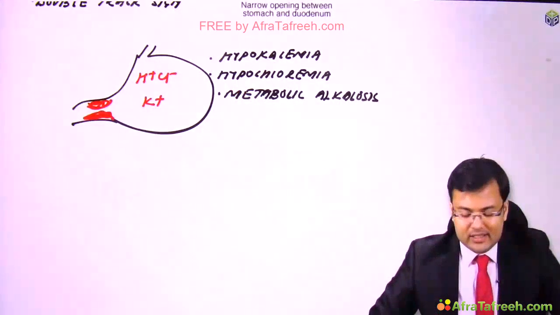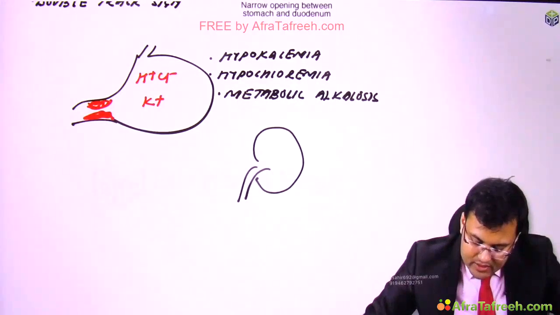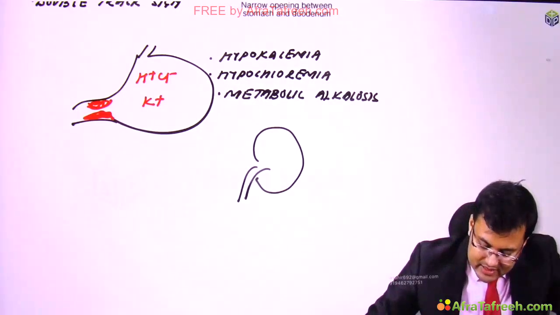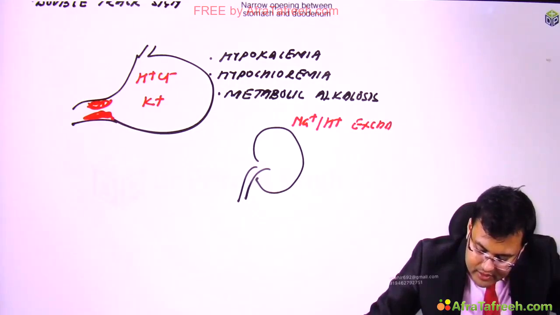In severe cases, what's the problem? In the kidney, compensation occurs. What compensation? In the kidney, especially in the collecting duct, there is a sodium proton exchanger.